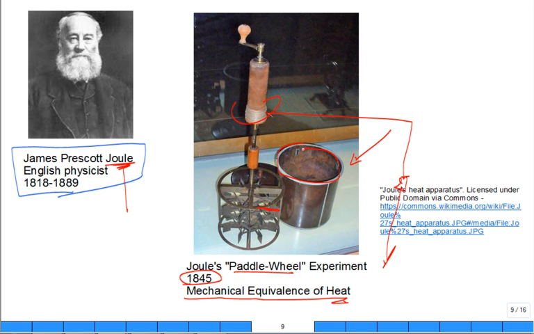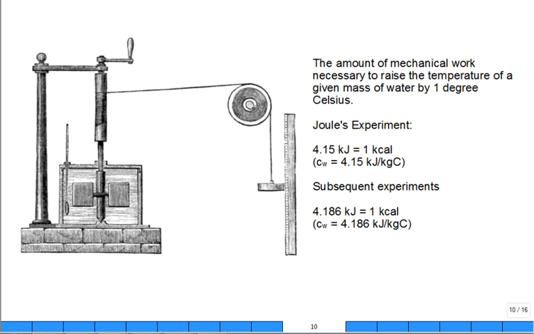You could say how much work was done by dropping that mass in a gravitational field, and how much heat was realized by increasing the temperature of the water inside and the mass of the container. So this is it. He had a ruler. He watches the weight drop. He has it connected. He has a thermometer. He's watching that paddle wheel churn up the water, and he's seeing that the water increases in temperature.